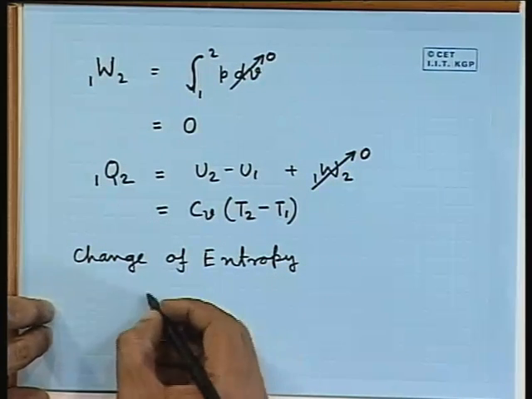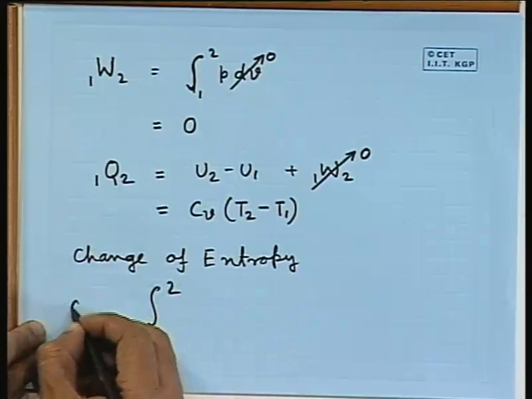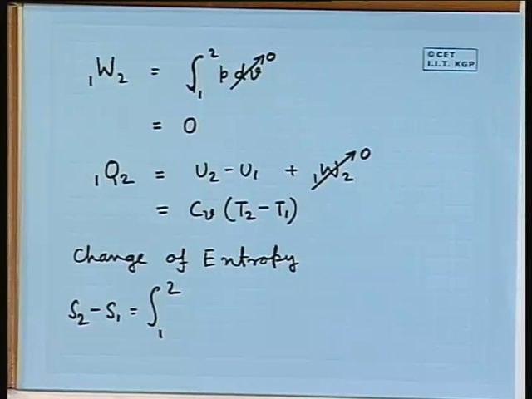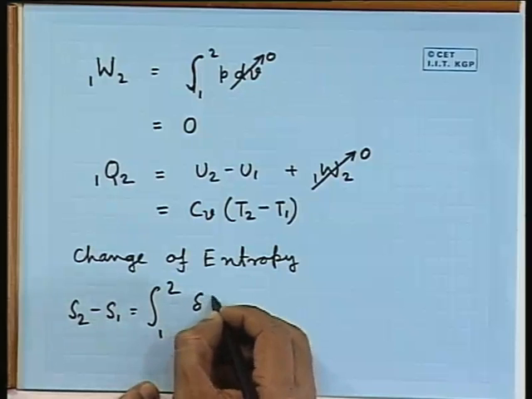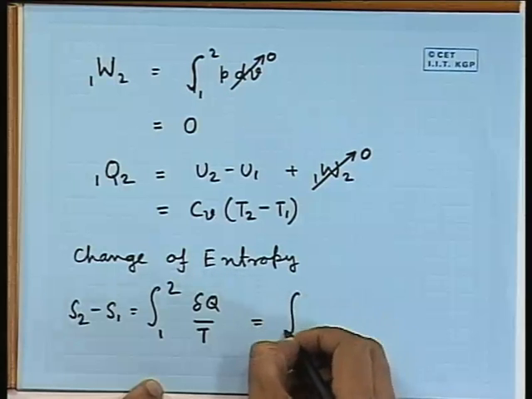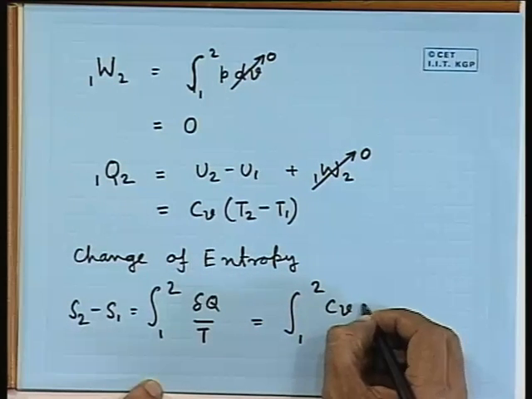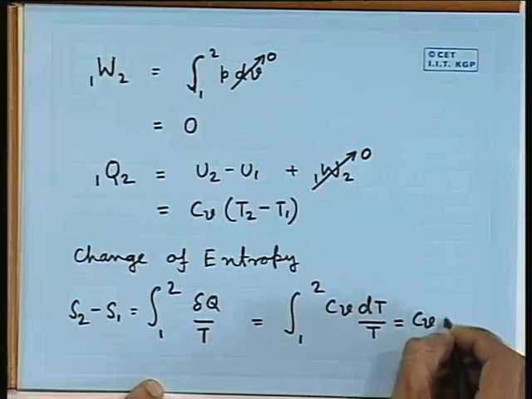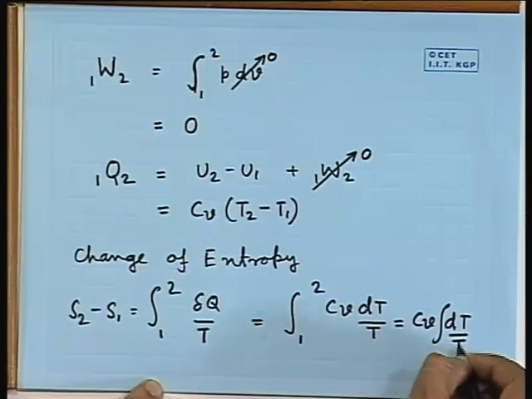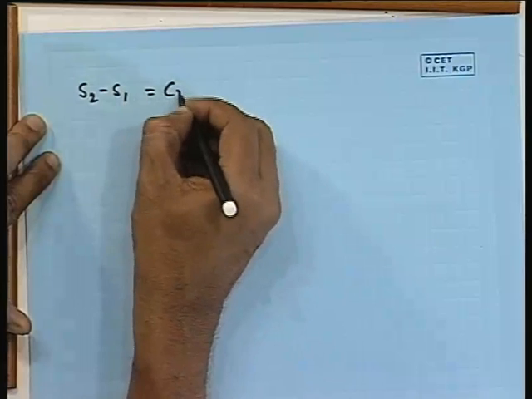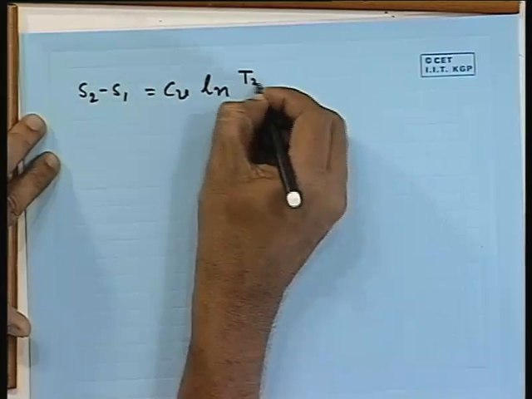Change of entropy will be S2 minus S1, that is equal to integral of dq by T, that is equal to integral 1 to 2 Cv dT by T, and then we can write Cv integral of dT by T from 1 to 2. So, S2 minus S1 is equal to Cv ln T2 by T1.